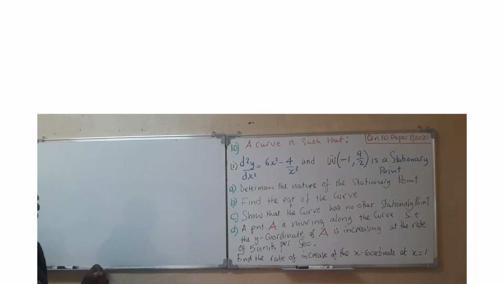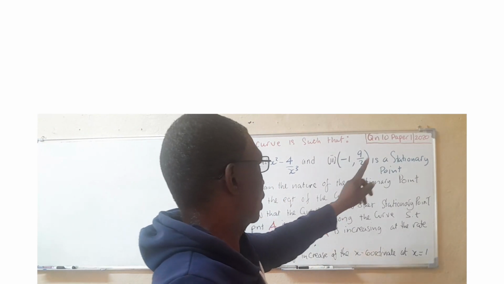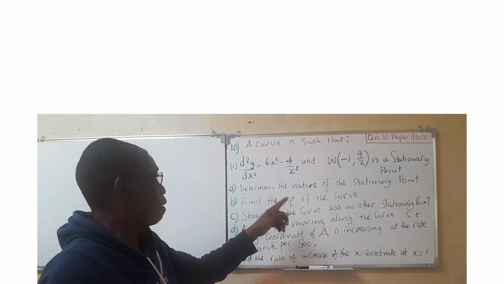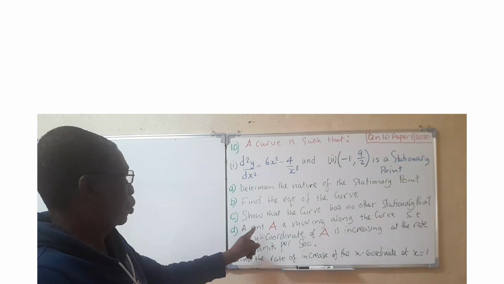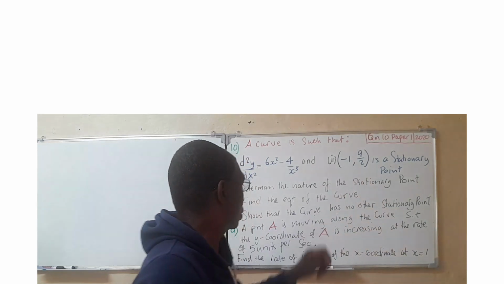The first question says, determine the nature of the stationary point. Second, find the equation of the curve. Third, show that the curve has no other stationary point except this one.